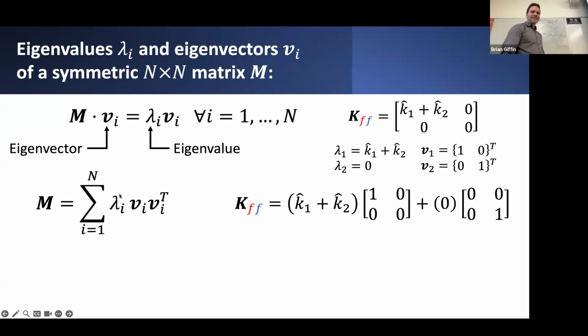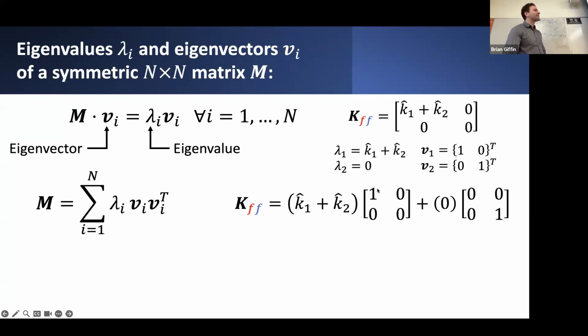By this formula, this expression tells me that I can assemble this matrix by summing together a bunch of smaller matrices that are contributed by each of the individual eigenvalues, with the eigenvector taken in this vector outer product representation. So V times V transpose is basically a vector times another vector flipped on its side. And ultimately, a vector times a vector in this format gives me a matrix.